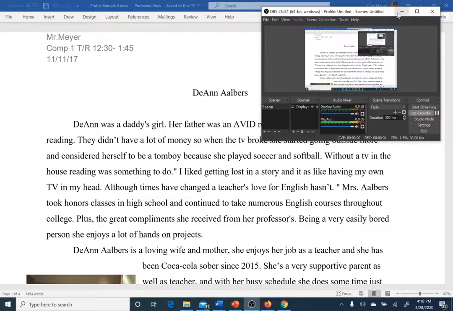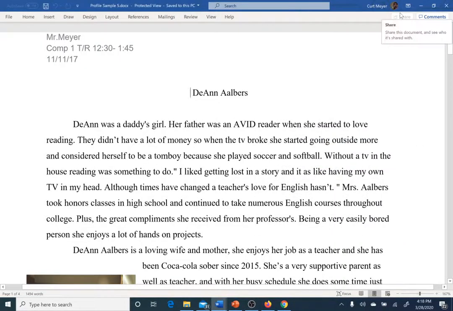Okay, now we're going to take a look at the fifth sample in the profiles. This one is an example of a student really looking at a person from her life whom she admires, who represents someone from a career field she may be interested in.